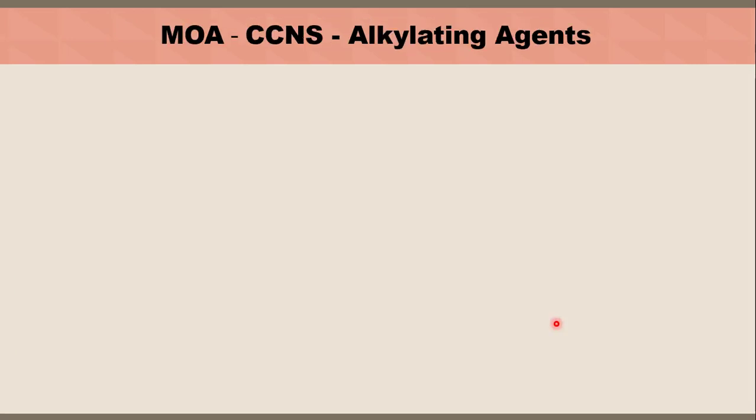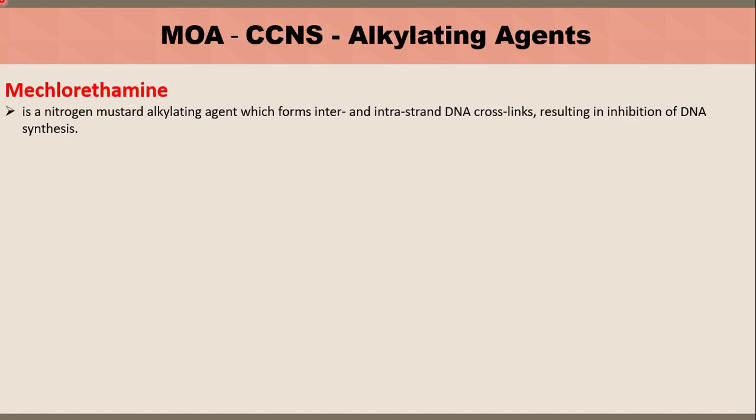In the next 3 slides, we're going to demonstrate the mechanism of action of 9 extra alkylating agents out of the 21 alkylating agents in the Module 3 Oncology Overview presentation. Let's get started. Mechlorethamine is a nitrogen mustard alkylating agent which forms inter- and intra-strand DNA crosslinks, resulting in inhibition of DNA synthesis.